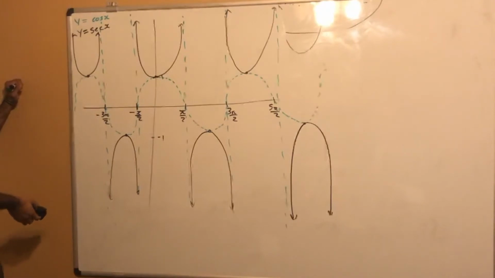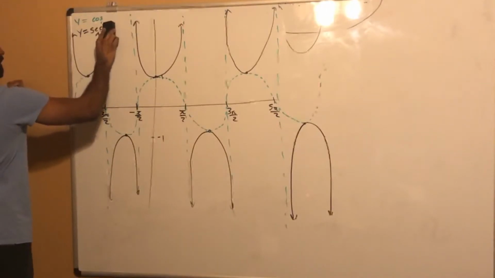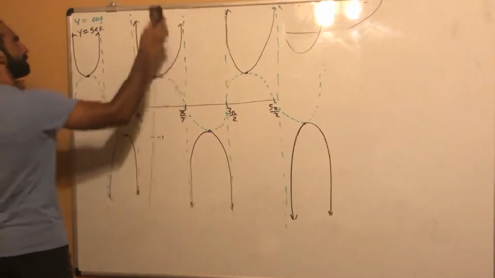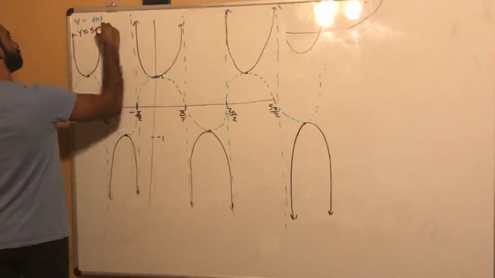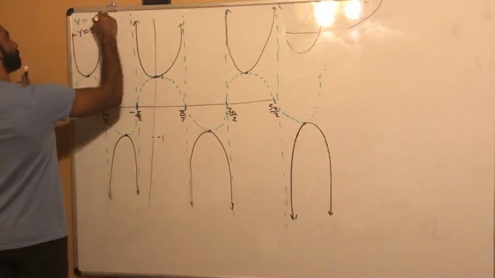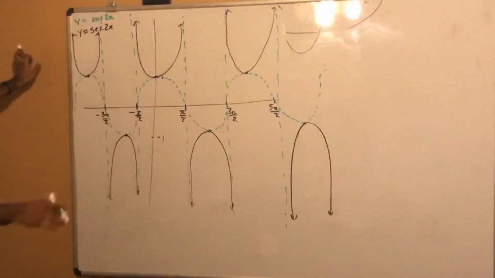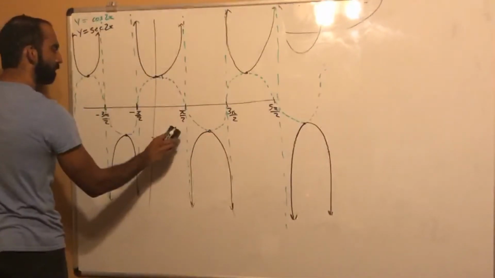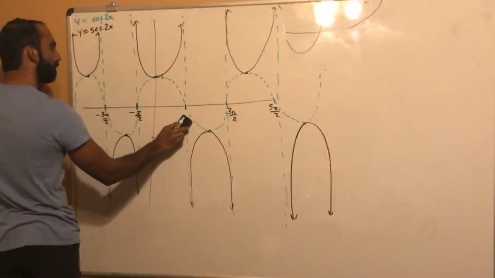If I were to change this to, let's say, cosine of 2x and secant of 2x, now if I want to preserve this picture here, what change do I have to make to these numbers? Instead of pi over 2, it's going to be what?